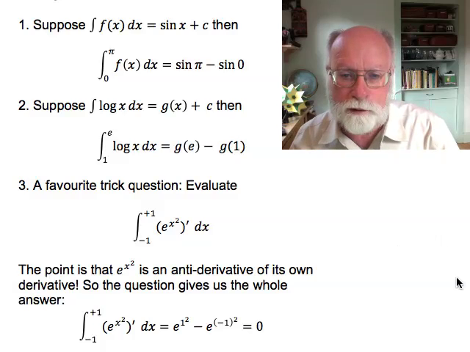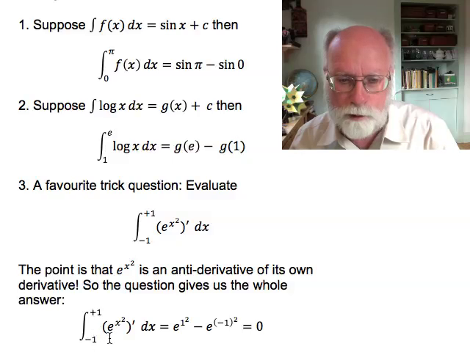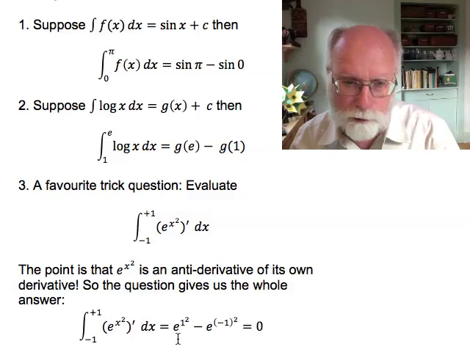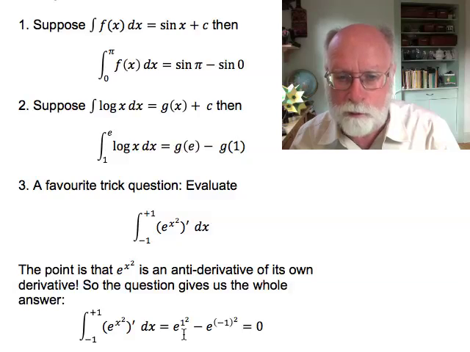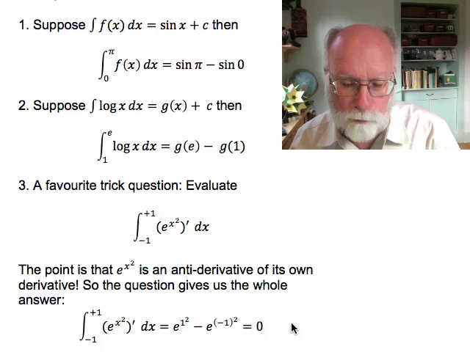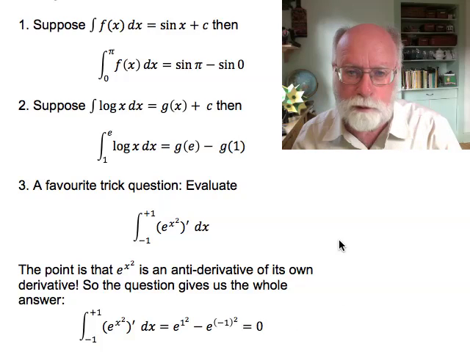So this question boils down to this: the integral from -1 to +1 of the derivative of e to the x squared dx is just e to the x squared evaluated at 1, so it's e to the 1 squared, minus e to the -1 squared. Now -1 squared is +1, so it's e minus e, which is 0. And now that I've shown you this question, you'll never be fooled again.